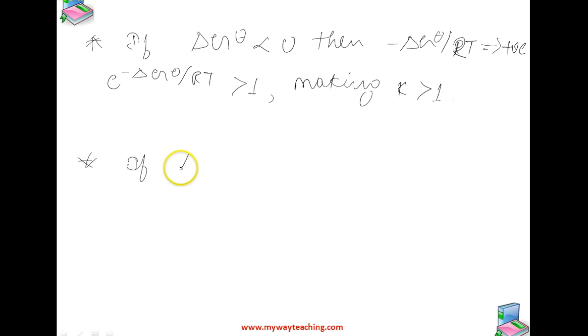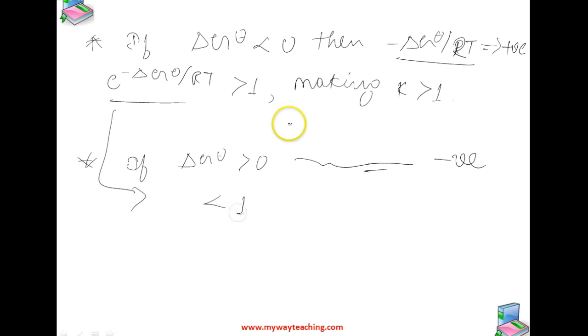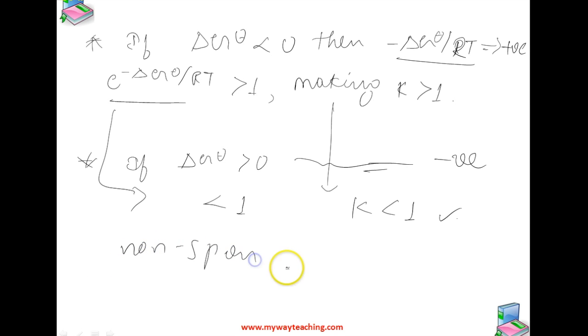Like if standard Gibbs energy is greater than 0, then minus delta G by RT is negative, and e raised to it will be less than 1, making K less than 1, which implies a non-spontaneous reaction, or one which proceeds in the forward direction only to a small degree, and only a very small quantity of product is formed.